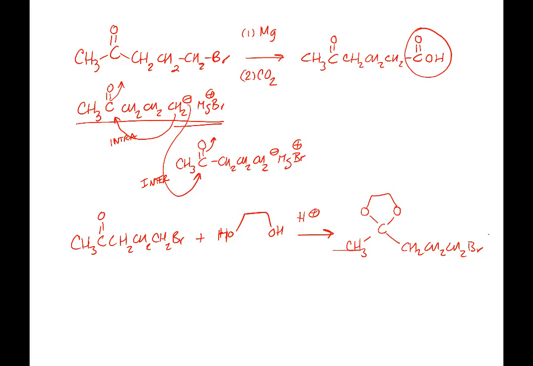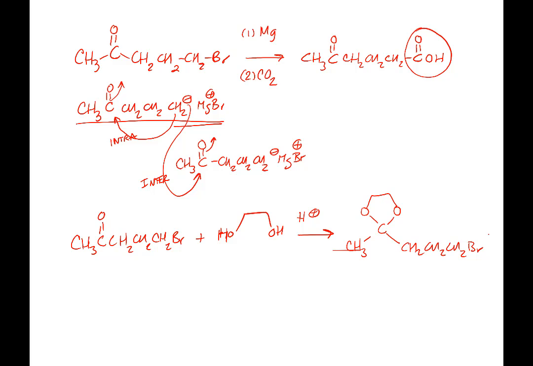So that's going to be my protection. Because the critical part here is that the ketal is going to stay a ketal until I add acid and water to it. And when I add acid and water to it, it's going to go back to become the ketone.